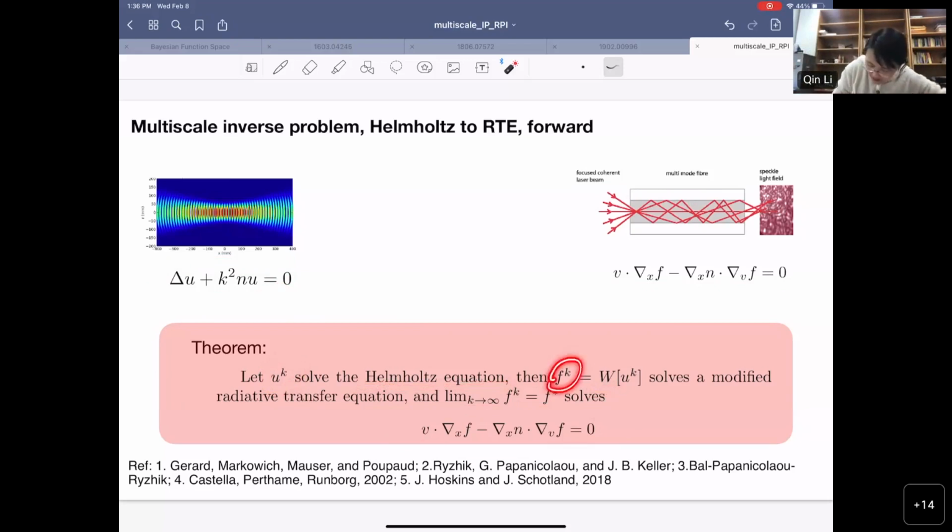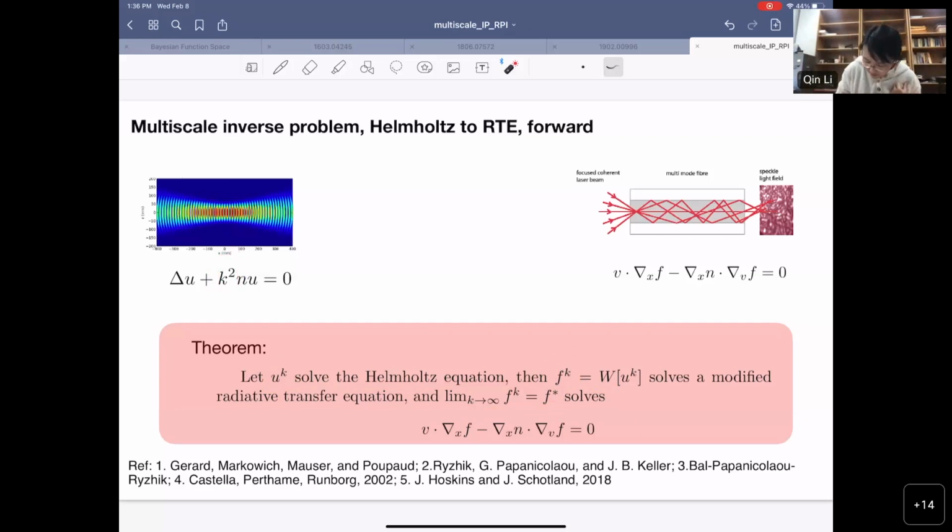This new function, in the frequency-goes-to-infinity limit, becomes a different function, and this different function solves the radiative transfer. So that is really to say that as the frequency of the wave goes higher and higher, you're really viewing this wave information as a lot of particles.